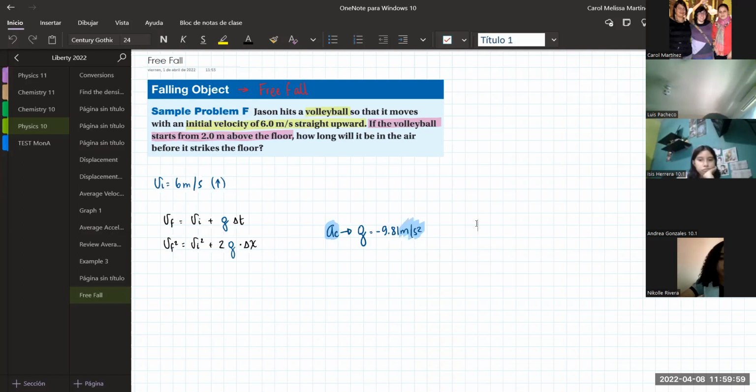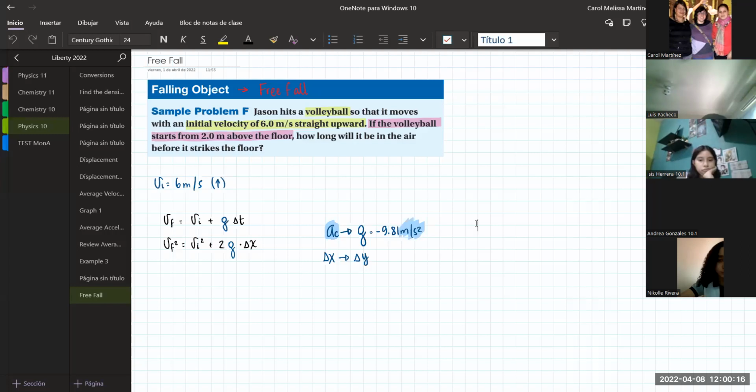One other change that we need to do is that instead of displacement in x, a change of position in the horizontal axis, we're going to have a change in position but in the vertical axis.